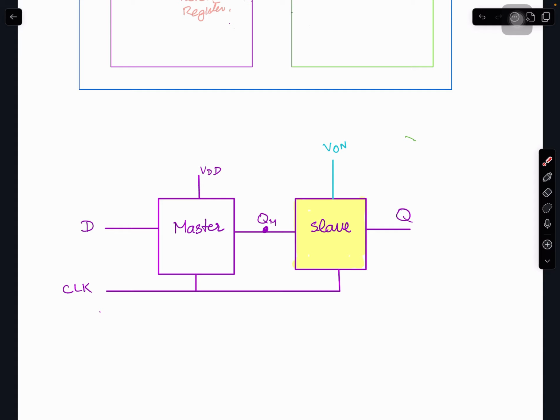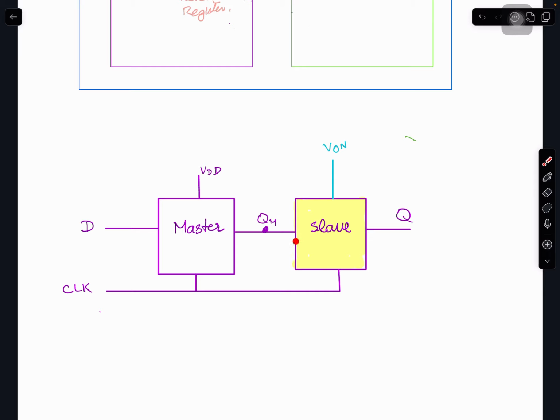In the retention cell, the master is on the same voltage as this power domain, but the slave needs to be on a supply voltage that stays on when this is off. So this retention flip-flop gets two supply voltages, and the always-on supply is connected to the slave. Even when this goes off, this stays at a particular logic level.